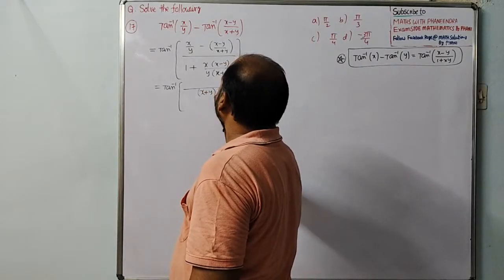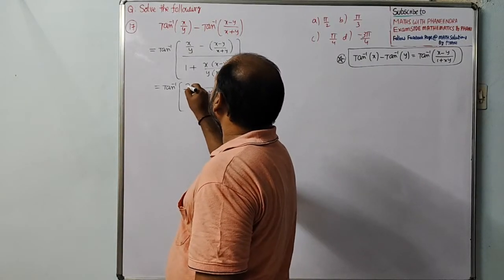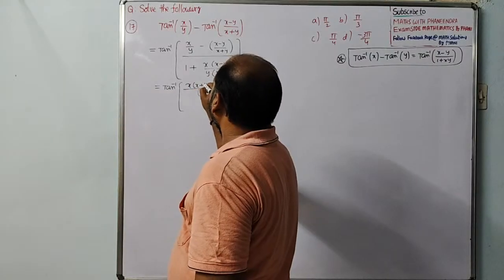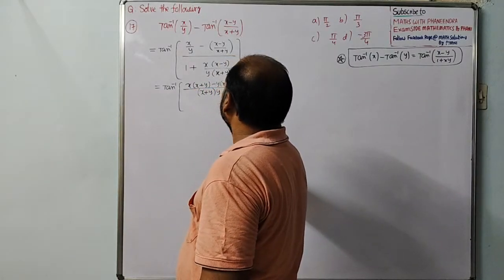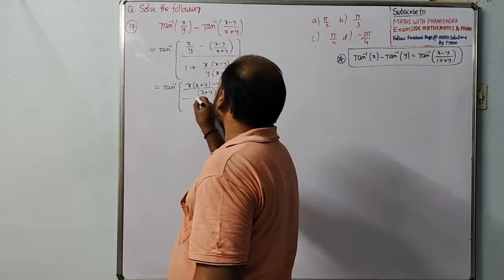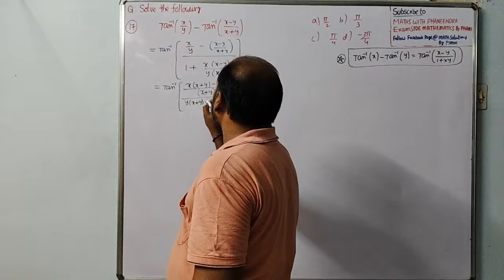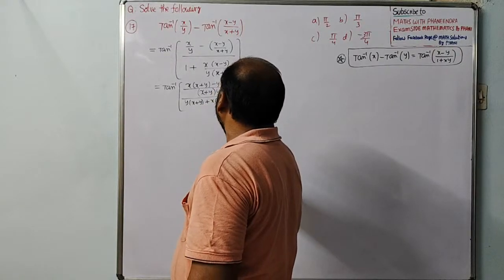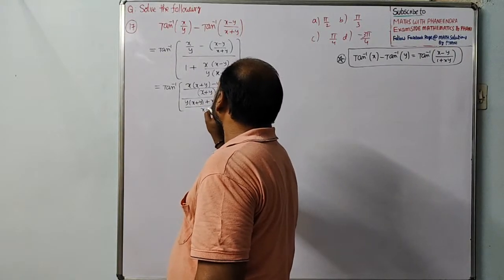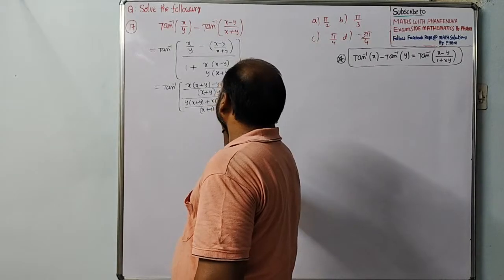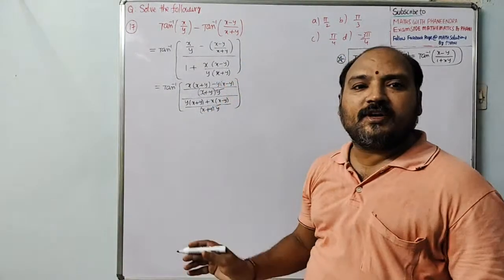LCM is x plus y into y. So x into x plus y minus y into x minus y. Coming to the denominator, y into x plus y plus x into x minus y, divided by x plus y into y. So both the denominators are going to get cancelled.